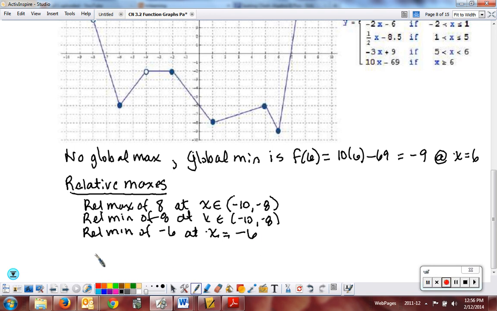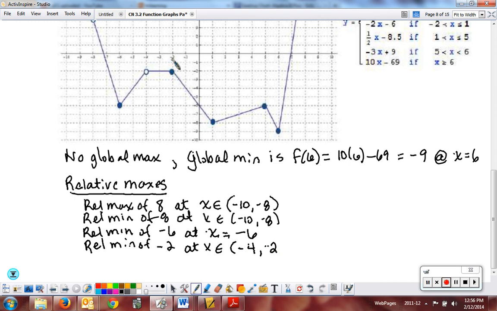All right, what's the next y value that's important? Is it relative max or relative min? Kind of both, but I'm going to do them separate. You'll see why in a second. Let's do relative min of negative 2 at x, an element of, what should I do? Both exclusive?